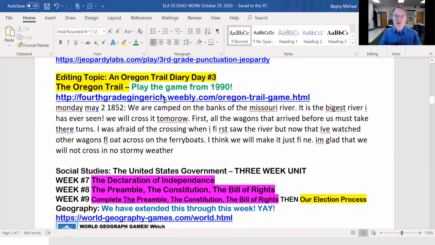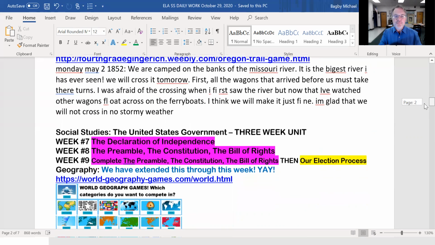And I decided to give you access to the game that was so popular in the late 80s and the early 90s called the Oregon Trail. And I would bet a lot of your parents or uncles or aunts played the Oregon Trail when they were in elementary school.